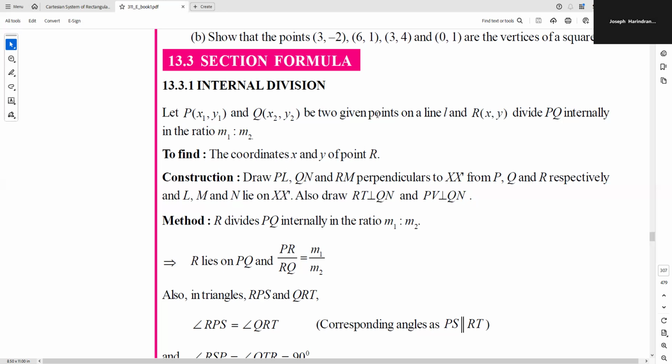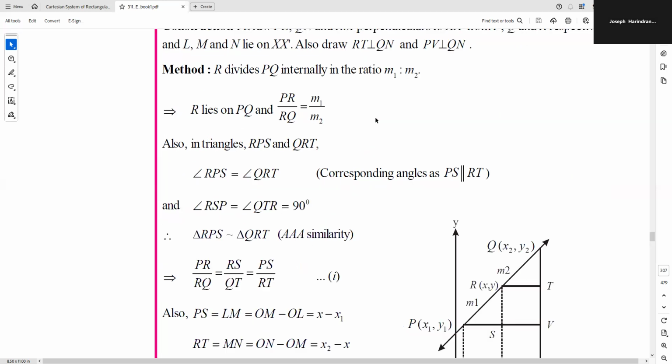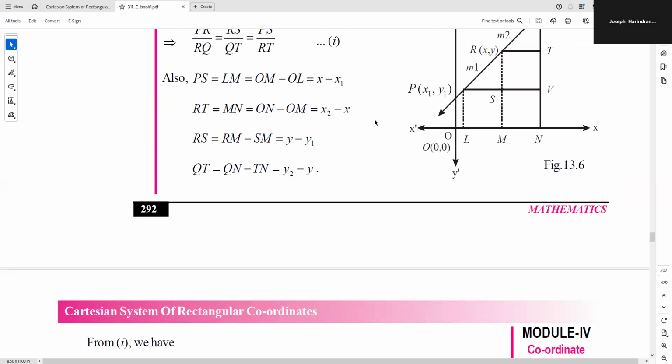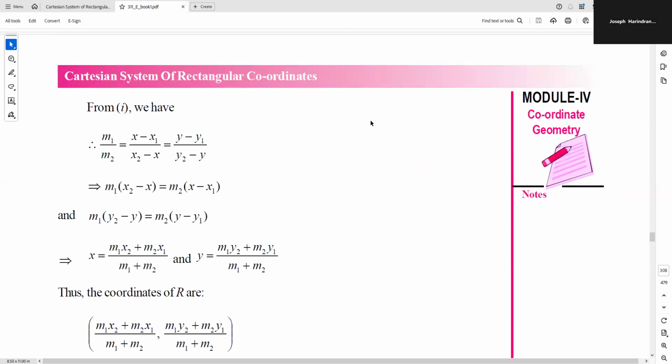So we have to find the coordinates of the point R, x, y, which divides the line joining P and Q in the ratio m1 is to m2. Now, the derivation is not required, we go directly into the formula itself.